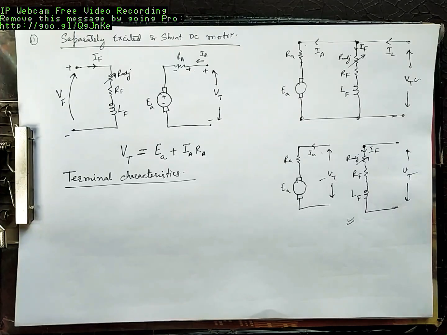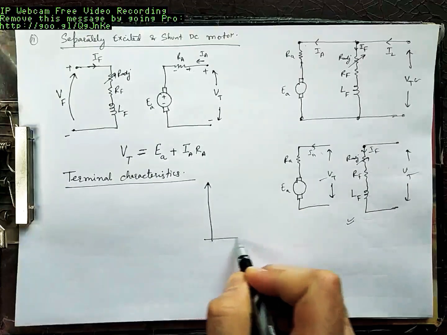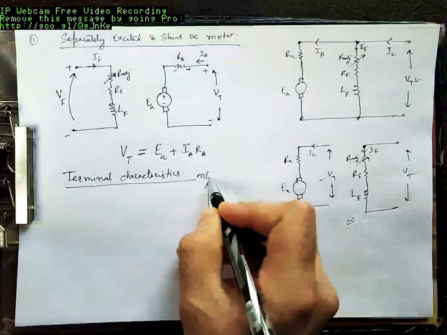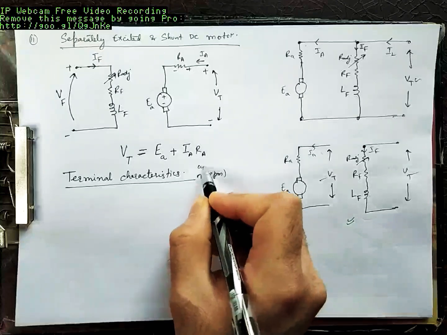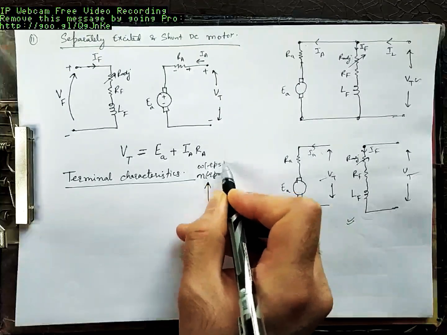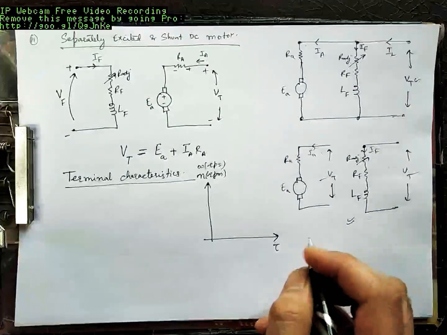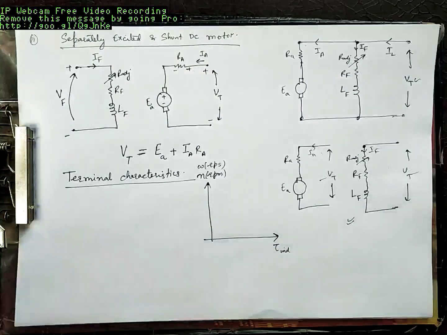So we basically want to plot what happens to speed of this motor, n in rpm, revolutions per minute, or you can call this omega, radians per second. What happens to speed as T induced changes or T load changes, because load torque is equal to induced torque.